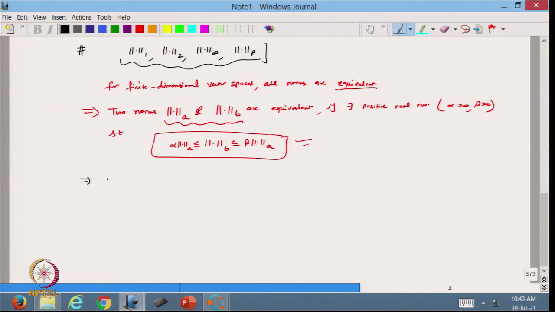Because a matrix is made up of vectors, we can define the matrix norm. I am defining it for any matrix A, which can be rectangular or square, it does not matter.